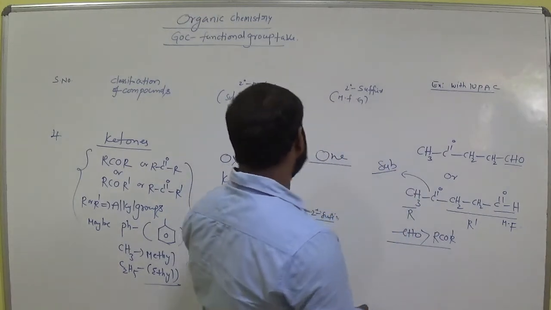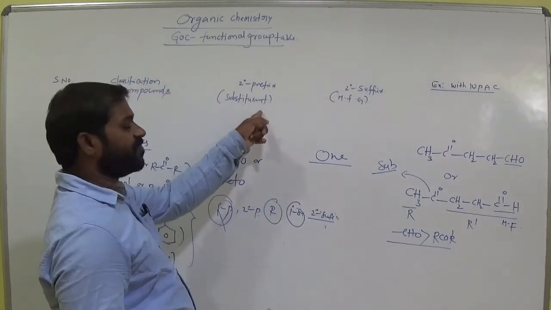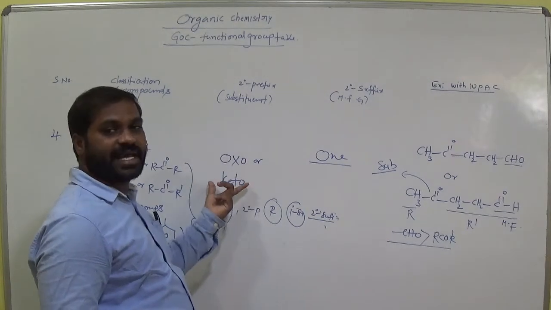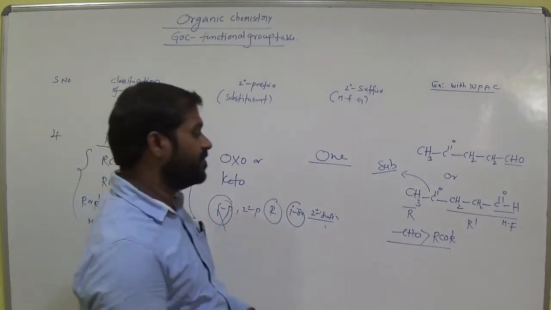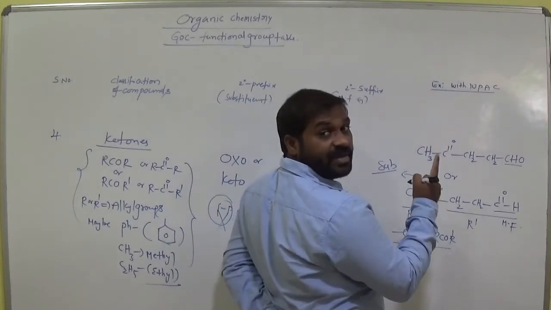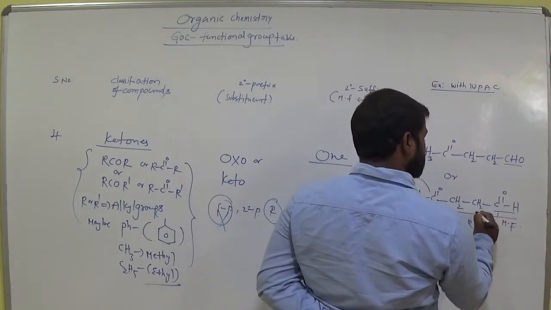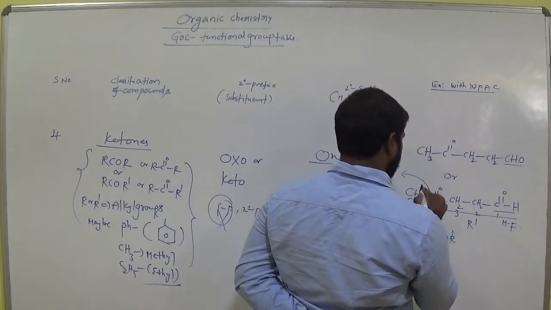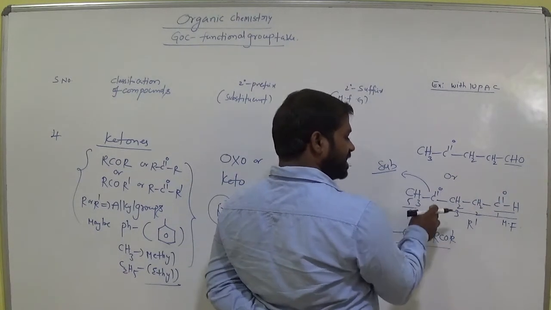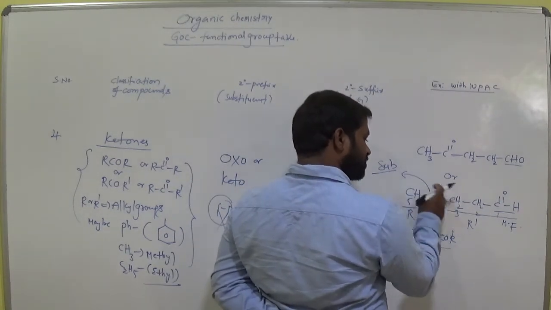When the ketone is a substituent, that is a secondary prefix, what do we give? The secondary prefix is taken as oxo or keto. Now how to write its IUPAC name? The numbering is done from the main functional group: 1, 2, 3, 4, 5. This is the longest chain, consisting of 5 carbons, and the substituent is at the 4th carbon.